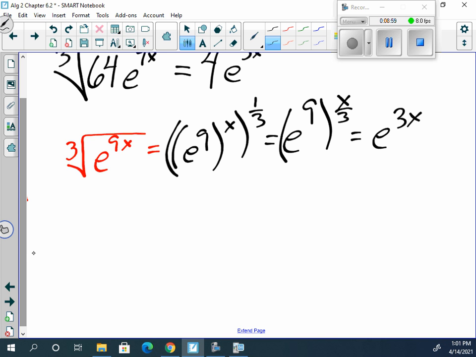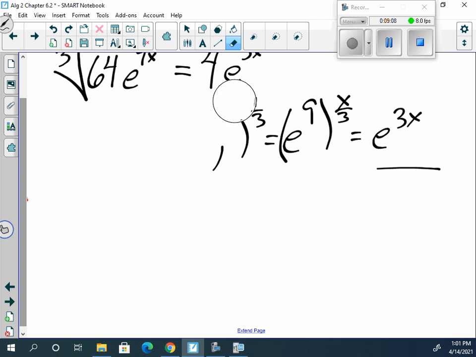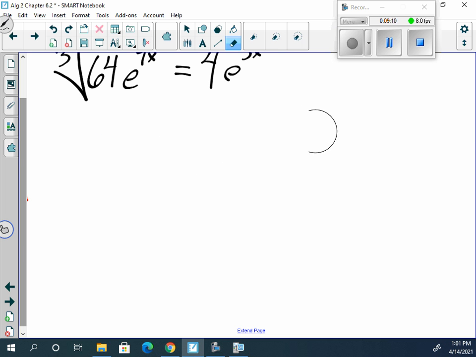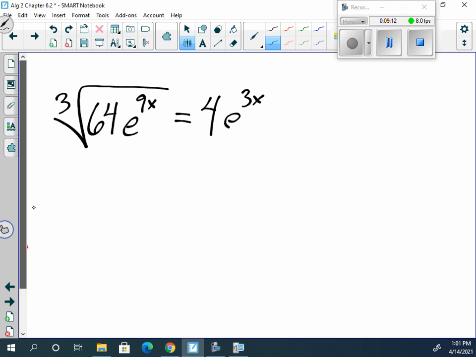It'll still end up working out, because no matter how we rewrite these, it works out nicely. Now, we do have to be careful sometimes if we have even roots, but those properties of roots, our rational exponents, do help us out with these here. Any questions on this here? Okay.